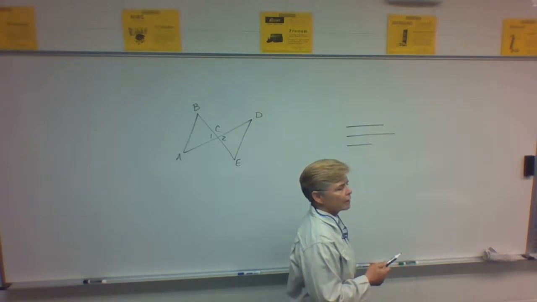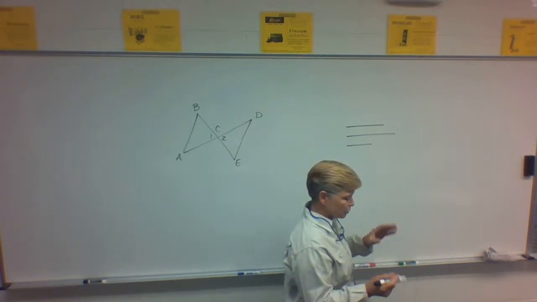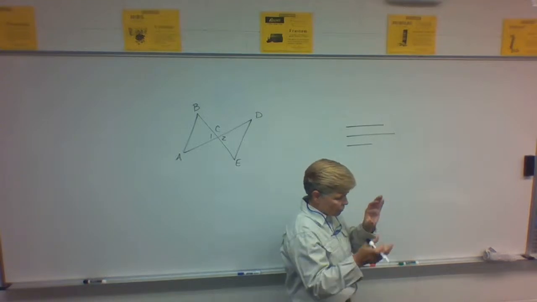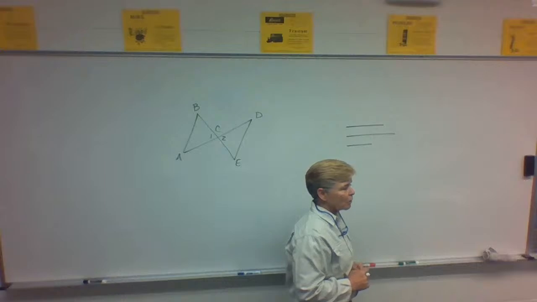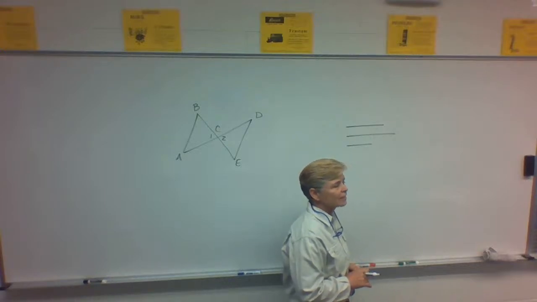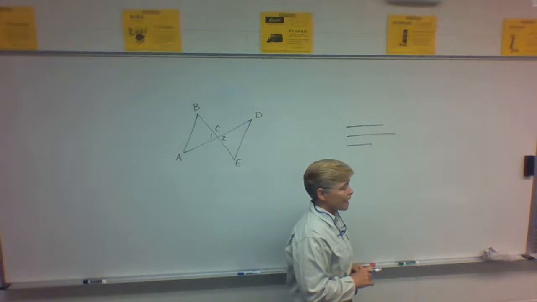Do you think that if we were able to rotate, turn, reflect, whatever, and put them in a stack, they would all stack up perfectly? Do you think they would all be exactly the same size and shape? They would have to be, wouldn't they?